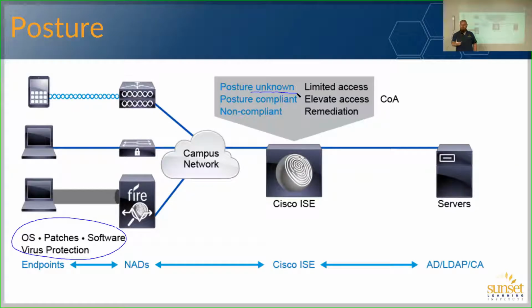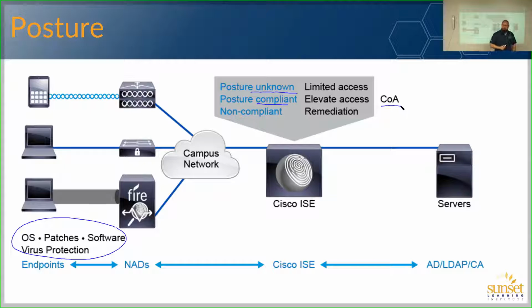We haven't assessed it yet. We haven't scanned it. We don't know if its current status is aligned with our policy. And so then we scan it, and if that device's conditions match what we're looking for, then we would say it is a compliant device, and we send a COA.